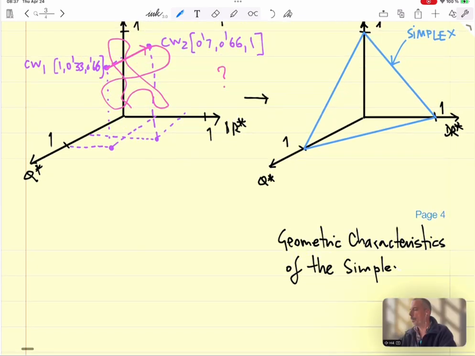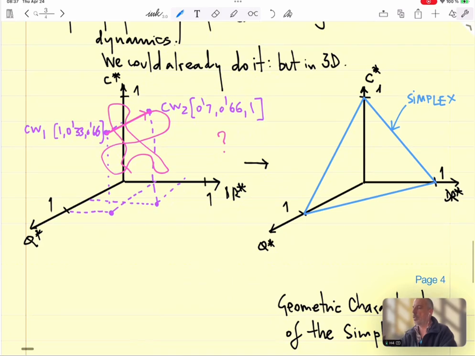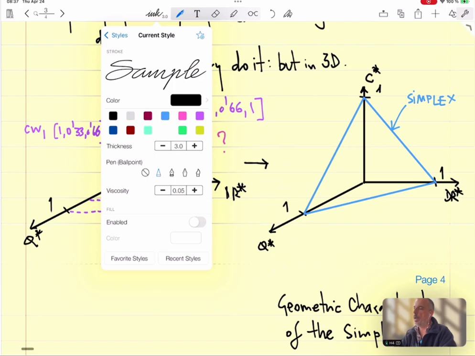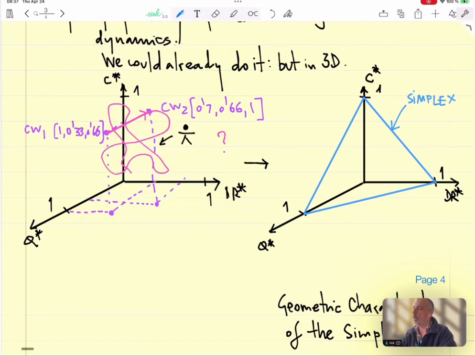It's like if you are sitting in the point 1, 1, 1, like a guy sitting here in the point 1, 1, 1 and looking down. You will not see the lila curve, he will see something different: some other curve projected on the simplex. Okay? It's like a projection, like a shadow.